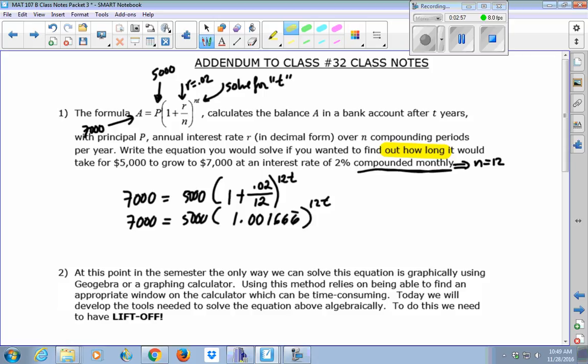Okay, then what did you do, Claudia? What did you raise to the 12th? All right, so you basically used your exponent properties here and raised this to the 12th, and then that would be raised to the T power, since when we have a power to a power, we multiply.